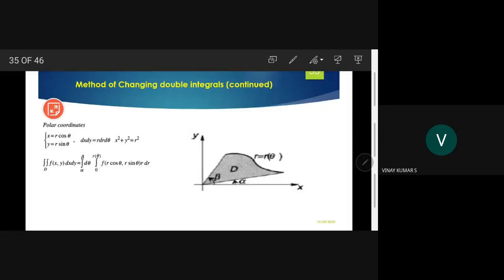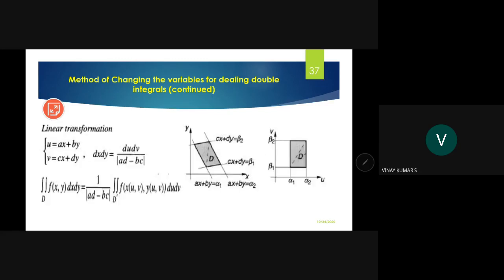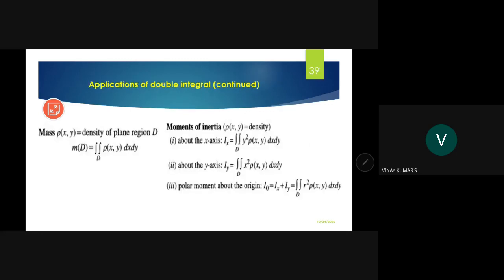I need to check the mechanical engineering syllabus for GATE. In other papers also, you may get moment of inertia and similar topics. If it is civil or mechanical, please take care of that. There you can directly use these formulas, because you know how to evaluate double integrals.